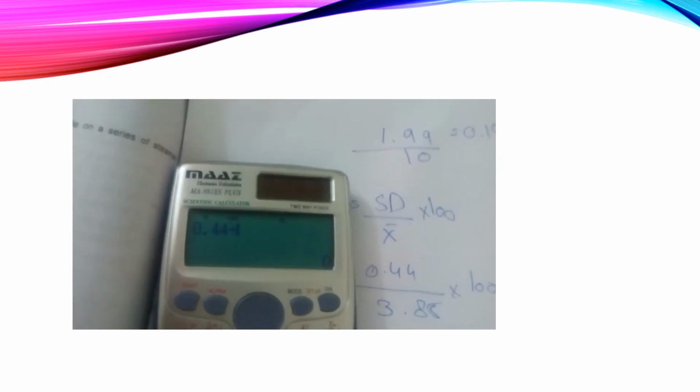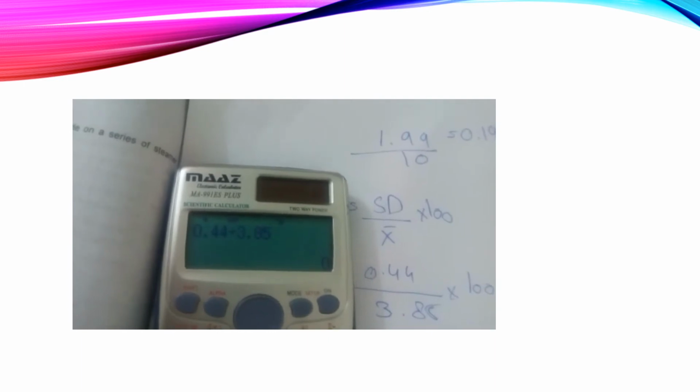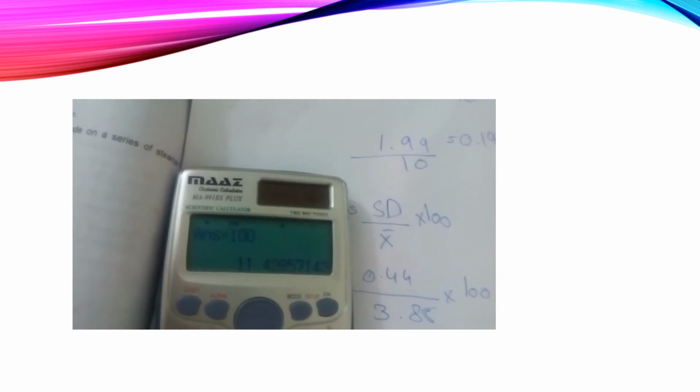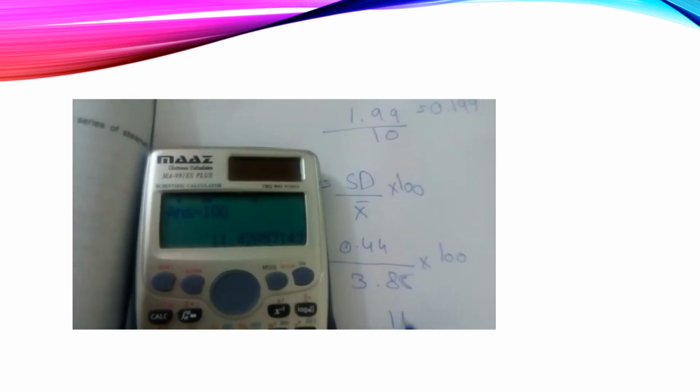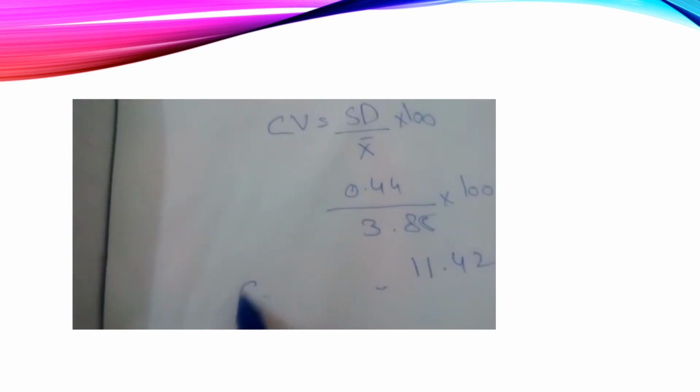So 0.44 divided by 3.85, which is the mean, and multiply by 100, and the answer is 11.42. This is the coefficient of variation.